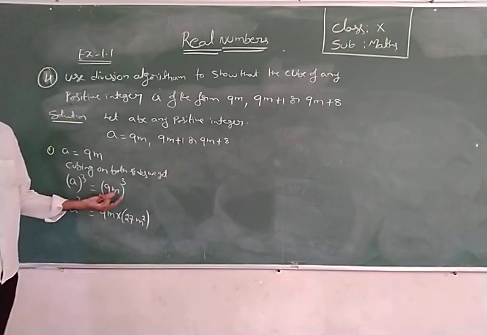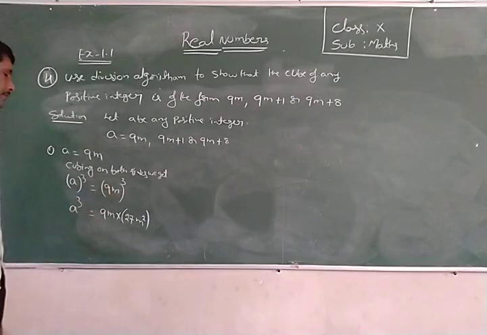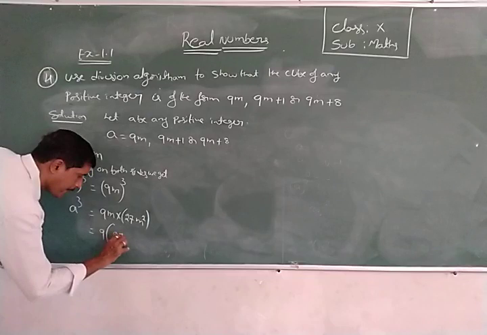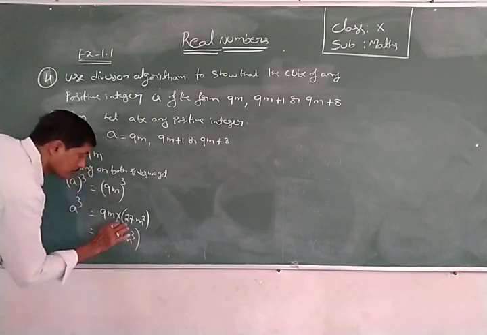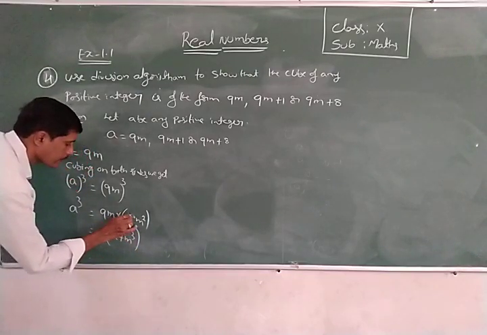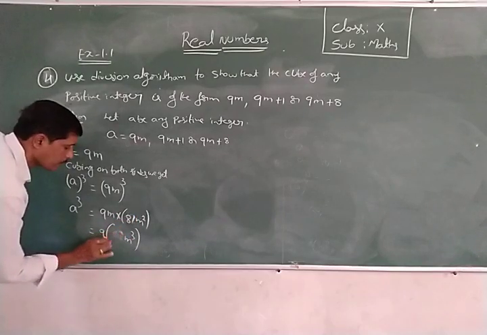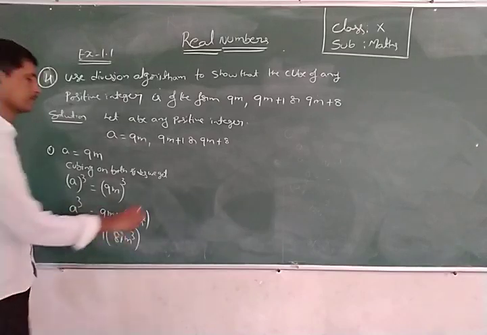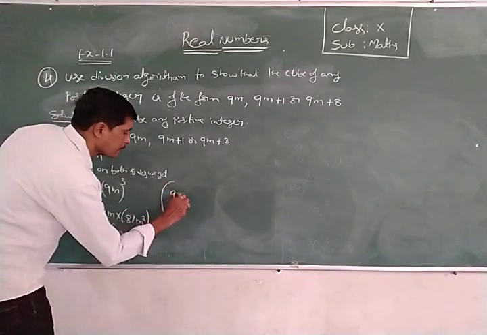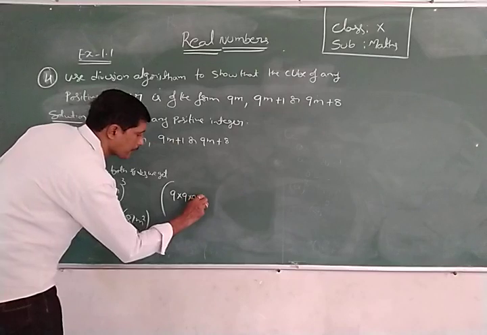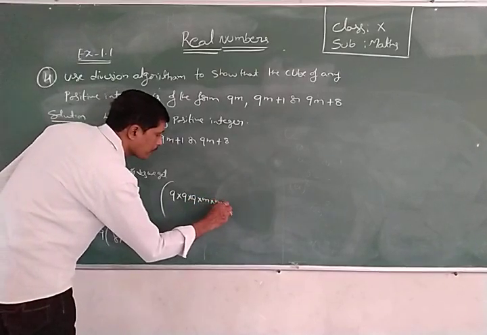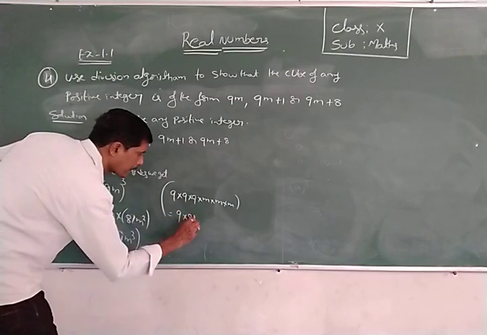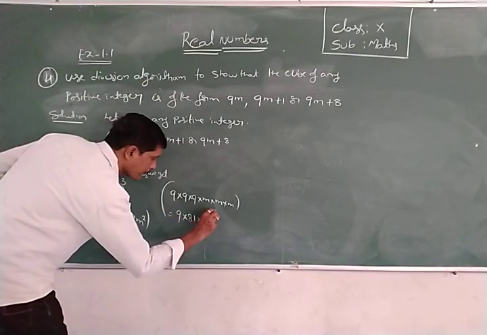Here 9m is multiplied 3 times: 9m into 9m into 9m. 9 into 9 is 81, one more 9 is there, and m into m into m is m cube. So a cube can be written as 9 into 81 m cube.